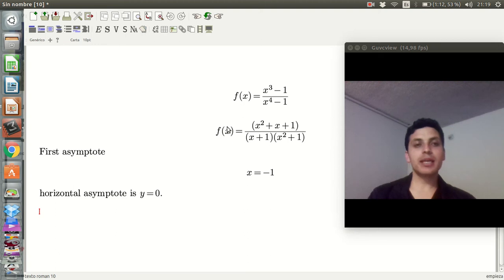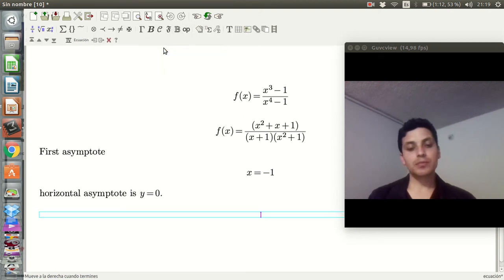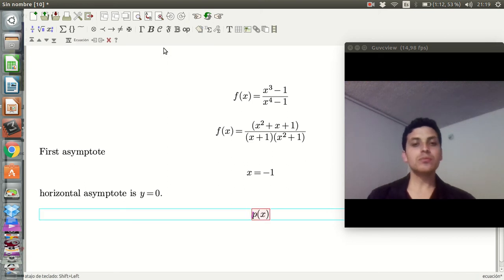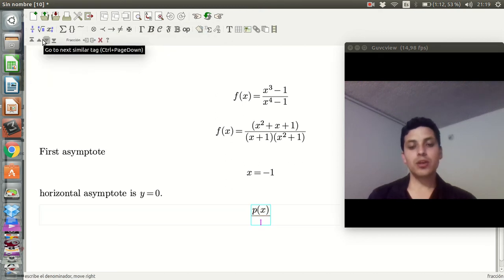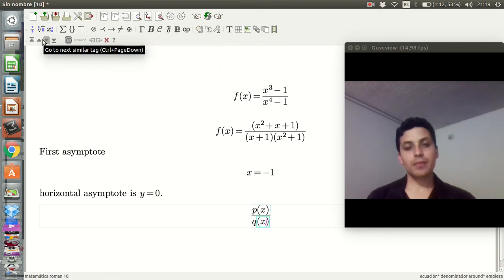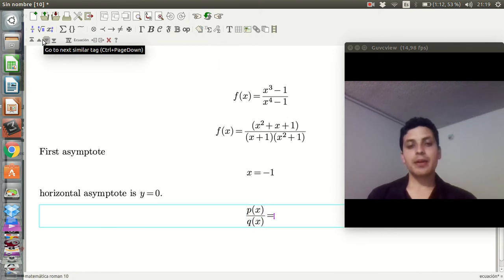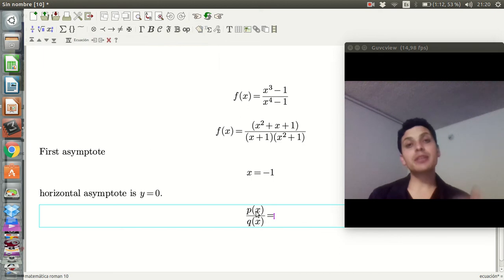So let's say that we have any rational function of the form p of x over q of x, and the degree of p is greater than the degree of q.